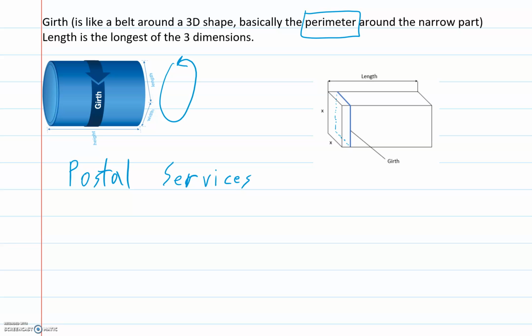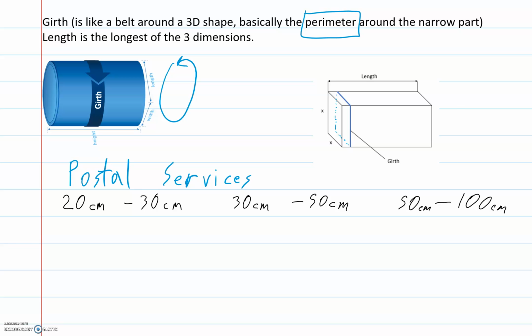So let's say that their amount is between 20 centimeters to 30 centimeters will be the cheap amount, and from 30 to 50 will be another amount, and maybe 50 to 100 would be another amount of money.